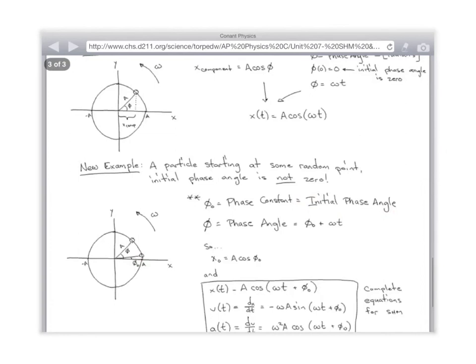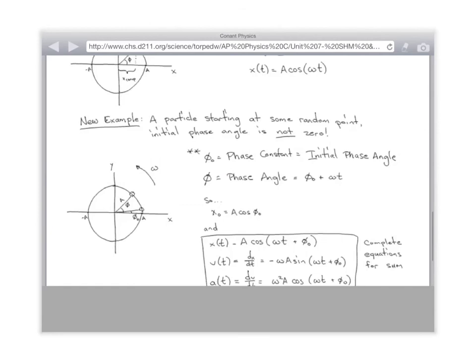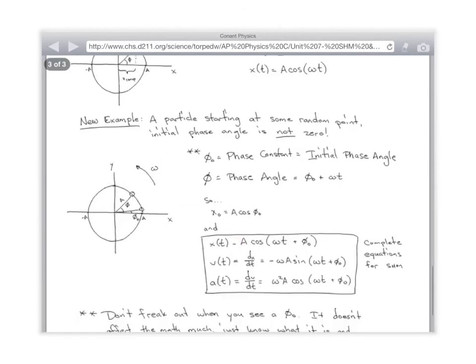So the current phase angle is equal to the initial phase angle plus omega t, wouldn't you agree? All right, so the complete equation for simple harmonic motion would be, for example, a cosine of omega t plus whatever your initial phase angle was. Good?